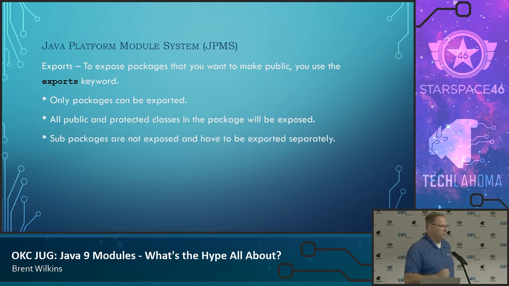Sub-packages, however, so in other words, if you had com.jug.demo and there's another package underneath that, com.jug.demo.impl, you would have to declare it in its own separate exports line. Just because you export a package, all the packages underneath it are not expressly exported. So it's only that one package.